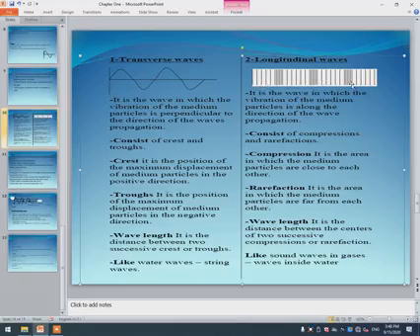So the angle here equals 0 because both directions are parallel. So the sound wave produced from the engine of the submarine under the water surface will be a longitudinal wave.